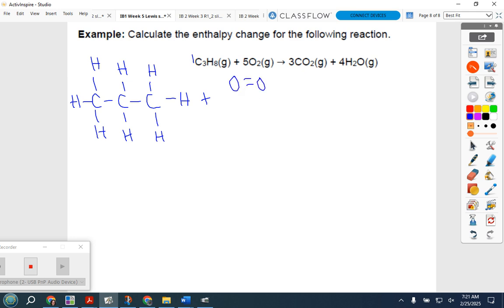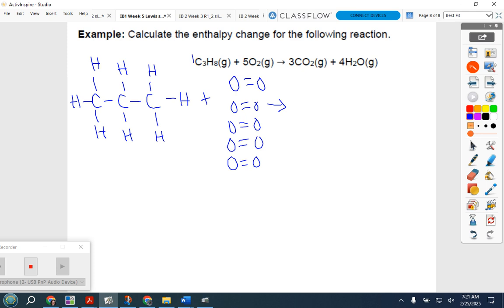I'm not drawing the lone pairs in here because they don't particularly matter for our purposes. This is not something you have to do each time, but if you don't know the structures off the top of your head, then it's important to draw them out so that you know what type of bonds you're looking at and how many of them there are going to be in this reaction.